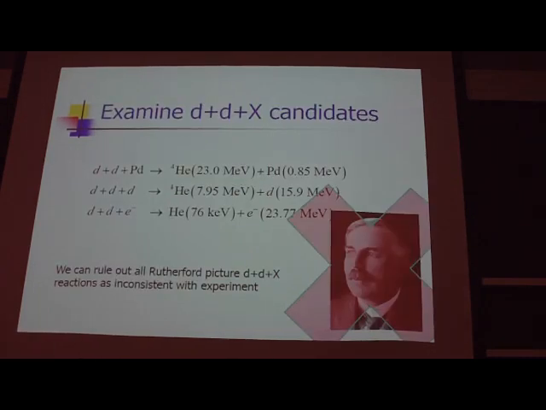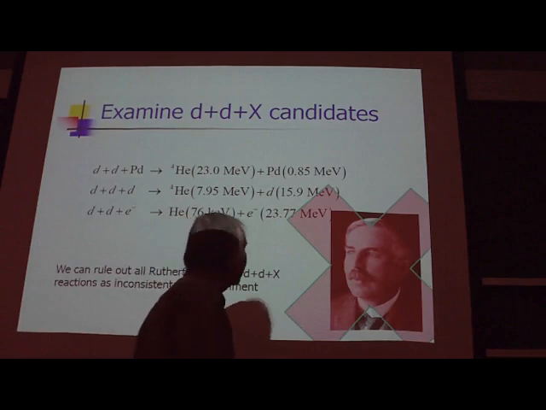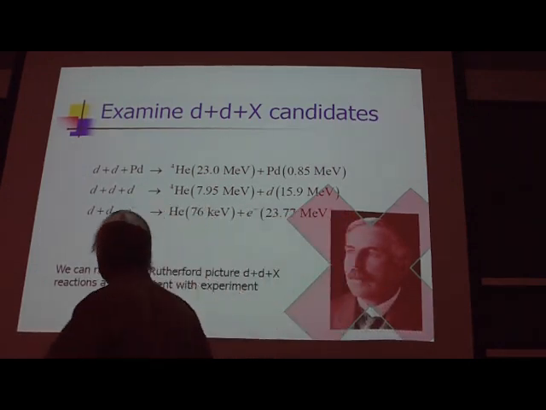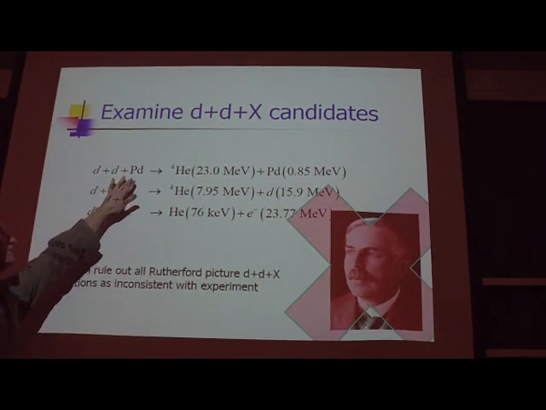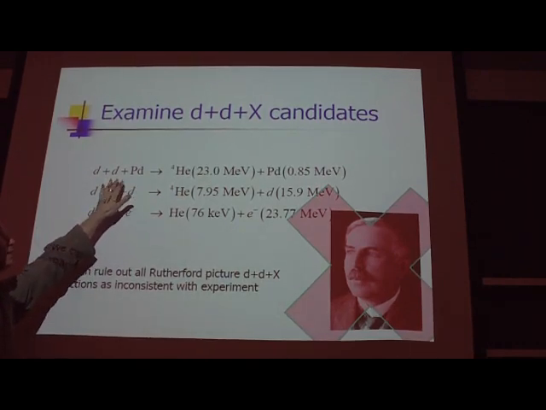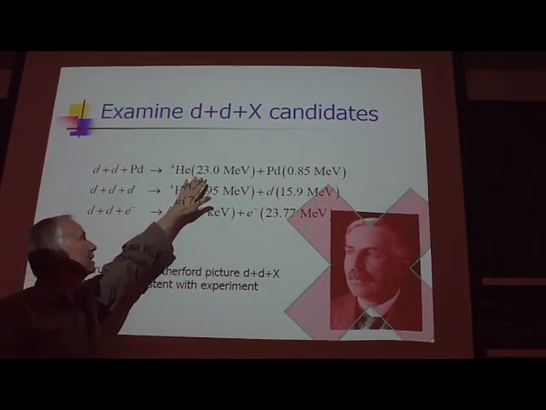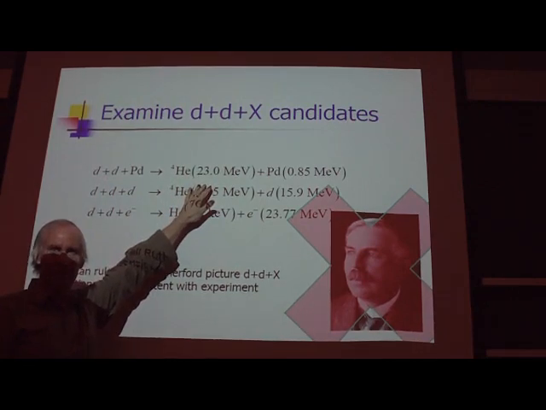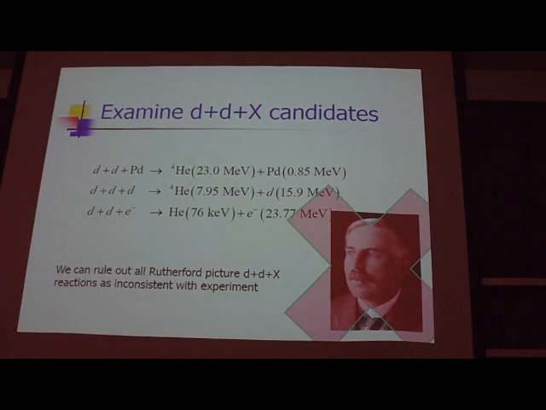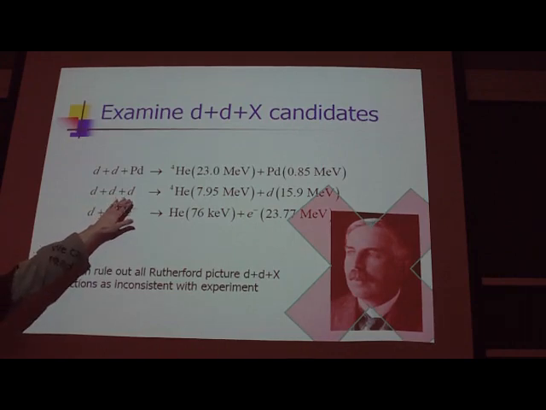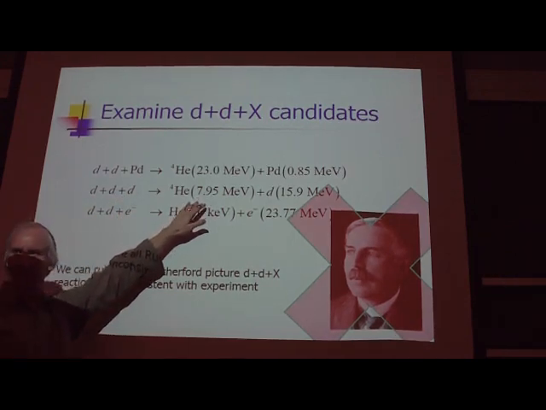So let's look at candidate reactions. Suppose, as has been proposed, 2 deuterons come together and make helium-4 push off of palladium. Then the alpha particle energy would be expected to be 23 MeV. That's ruled out by 10 orders of magnitude. So we can be absolutely sure that's not what's happening. You can push off of a deuteron, and now you're down to 8 MeV.